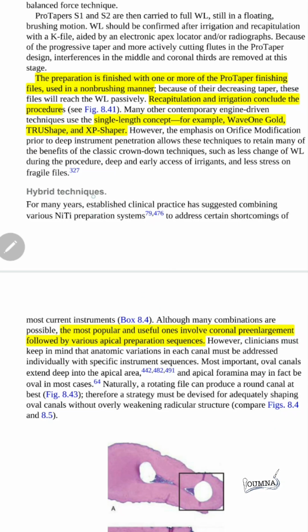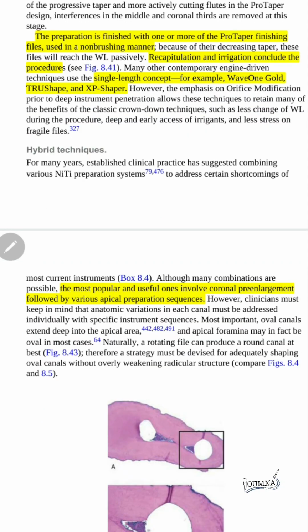As for the hybrid technique, it involves a coronal pre-enlargement followed by various apical preparation sequences. We first do the coronal enlargement, then we do the apical preparation by sequence, each by each.